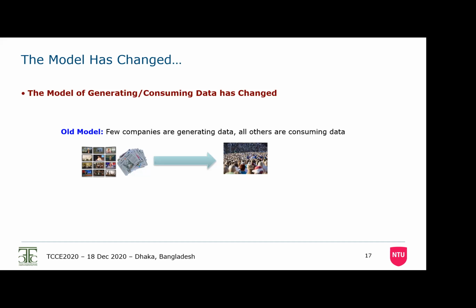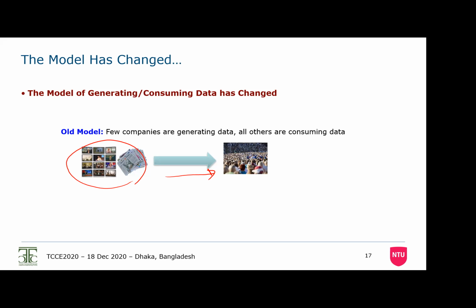Now, the data generation in the old age, which is, let's say, pre-2000, was different from how we are seeing it right now. This model has changed in the sense that previously we had the data, and these data were consumed by the people. For example, think of the traditional model of newspapers.